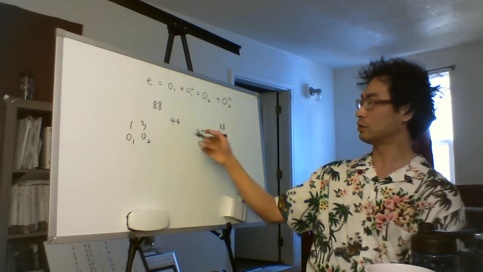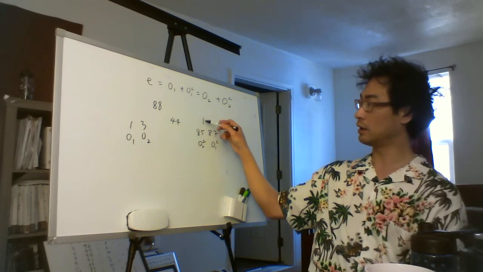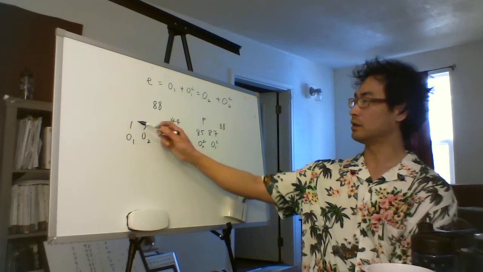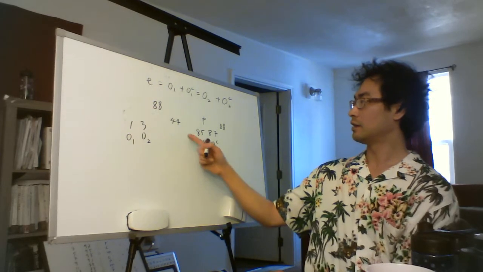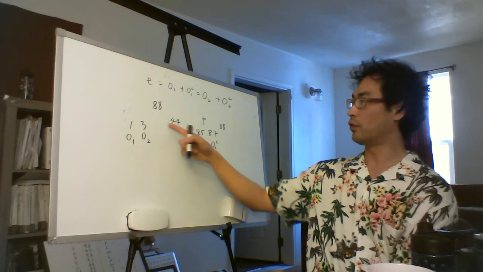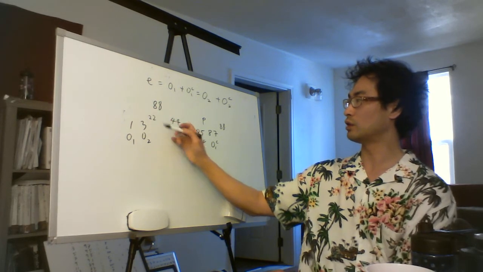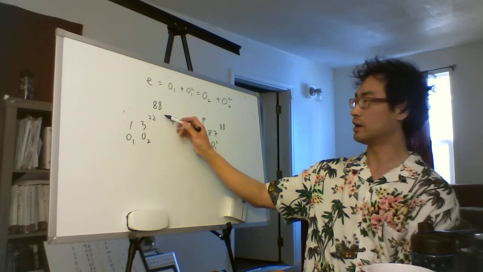So there should be at least one prime number between 44 and 88. And between 44 and half of it, 22, you have at least one prime.